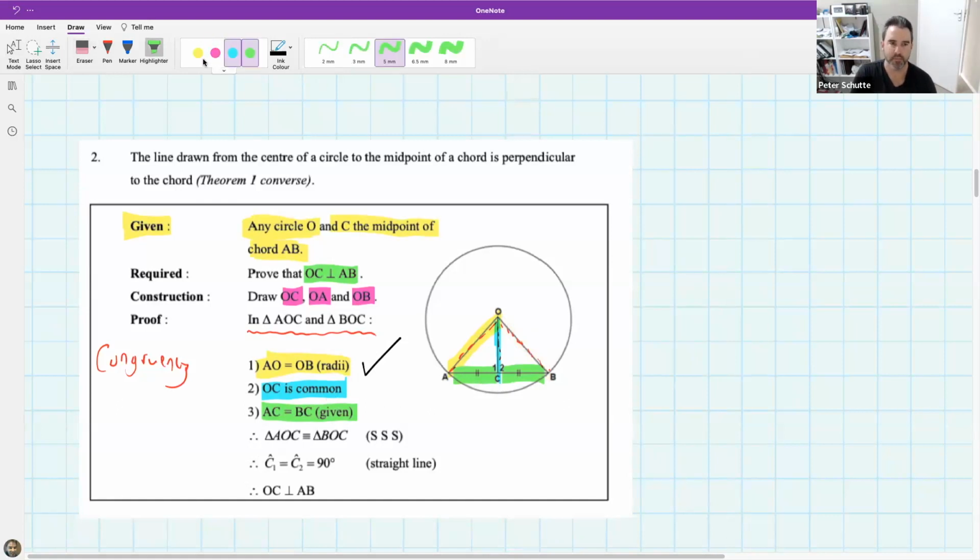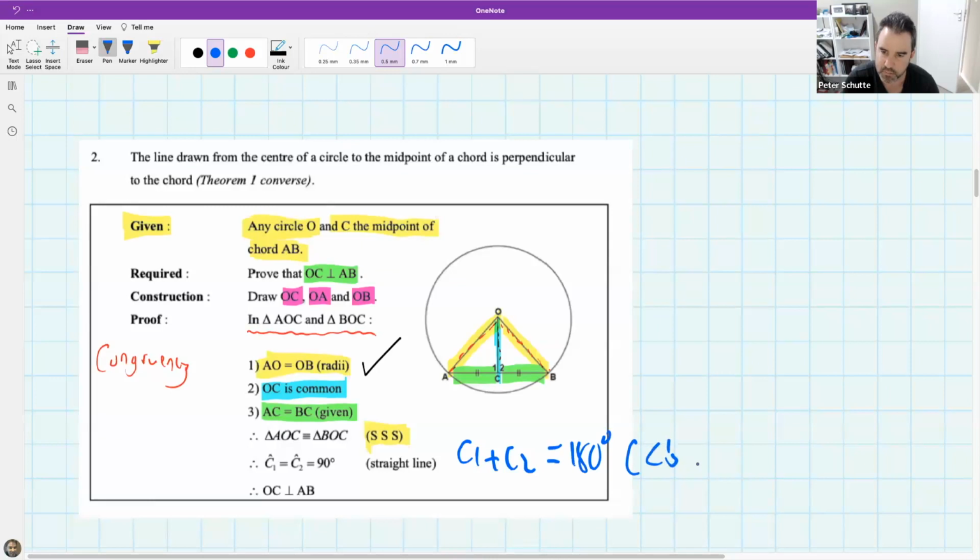So if you look here, you will notice there's a yellow side in both triangles. There's a green one, which was given to start with, and the blue one's in common. And so we say that triangle AOC is congruent to BOC, and it's going to be side, side, side. Then I would probably add another step here: C1 plus C2 equals 180 degrees, and that's going to be angles on a straight line.